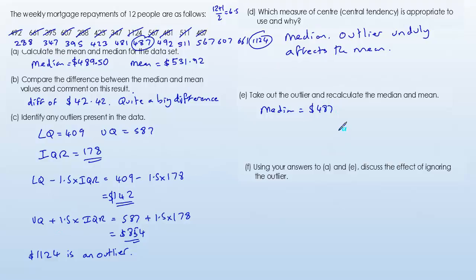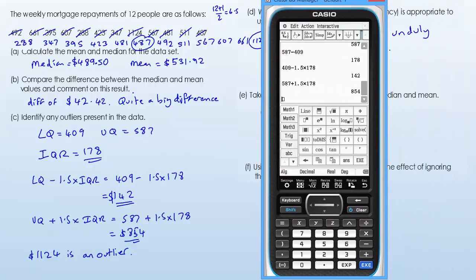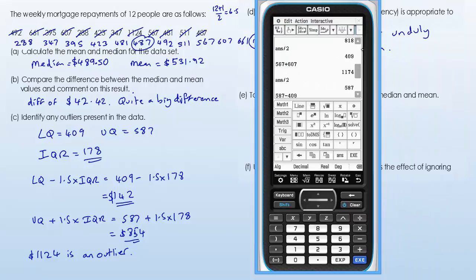And then for the mean, I think we can just go back on the calculator and find where we did the mean before. Here it is. And what do we need to do here? Well, we need to reduce this to 11 because we've now only got 11 pieces of data. And we need to take out the 1124.